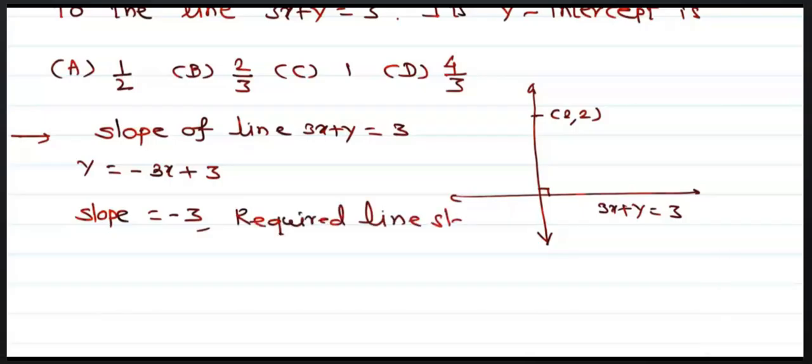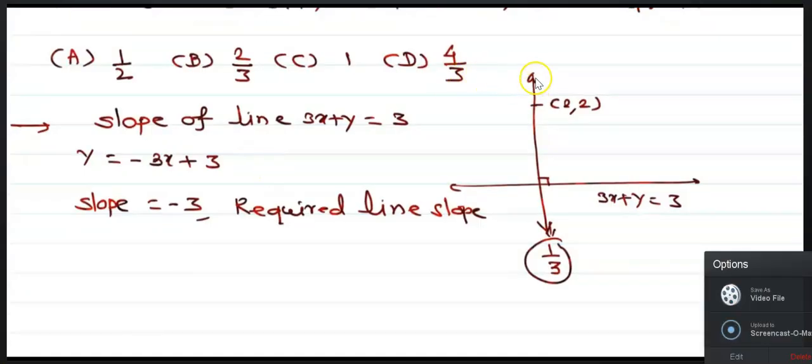Slope of the required line is 1 upon 3. या पॉइंट मध्ये जाणारी लाईन या लाईनला परपेंडिक्युलर आहे, म्हणून याचा स्लोप किती असणार आहे, त्याचा मायनस आणि रेसिप्रोकल. Now the minus will become plus, and its reciprocal will be 1 upon 3.